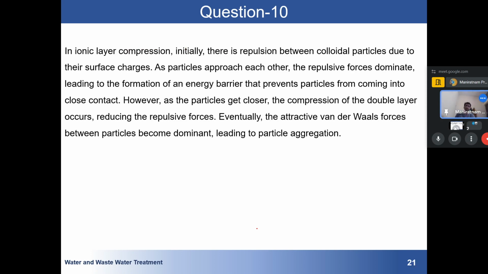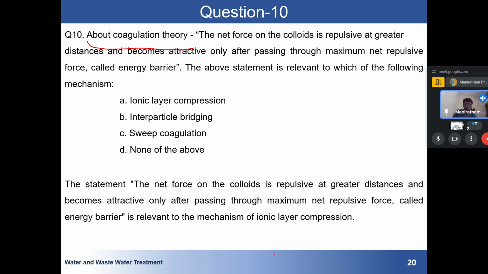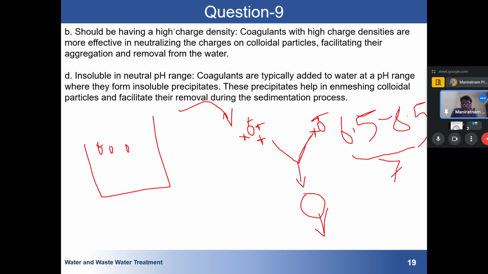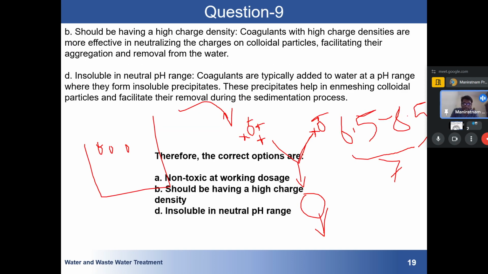It is for ionic layer compression. And what is this ionic layer compression? In ionic layer compression, initially there is a repulsion between colloidal particles due to their surface charges. Remember what I was saying here, these two have the same charges.